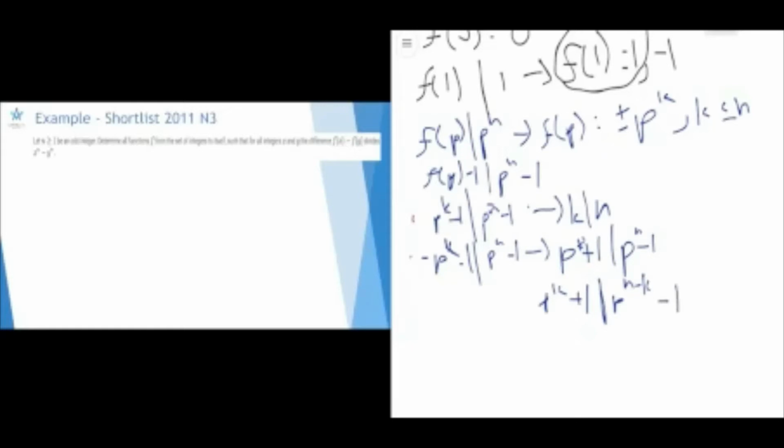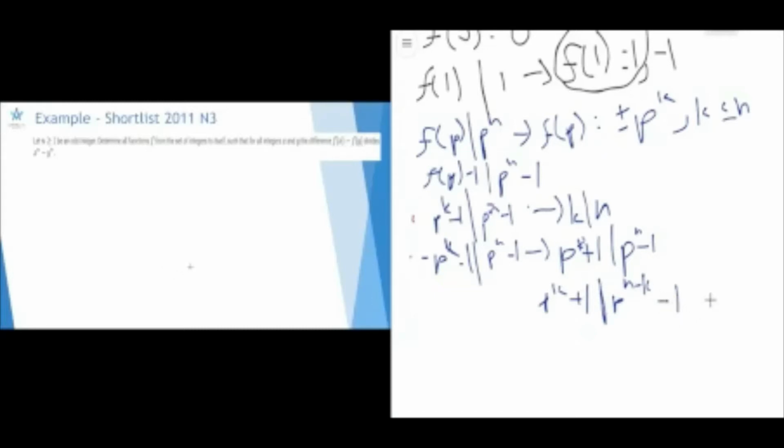Now we're basically in the same place again, except n was replaced with n minus k. So if we do the subtraction again, we'll end up with p to the k plus 1 divides p to the n minus 2k minus 1.